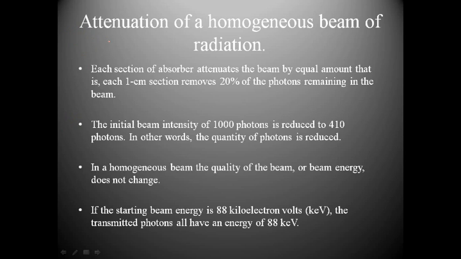For the attenuation of a homogeneous beam of radiation, each section of the absorber attenuates the beam by equal amounts. That is, each 1 centimeter section removes 20% of the photons remaining in the beam. The initial beam intensity of 1,000 photons is reduced to 410 photons.